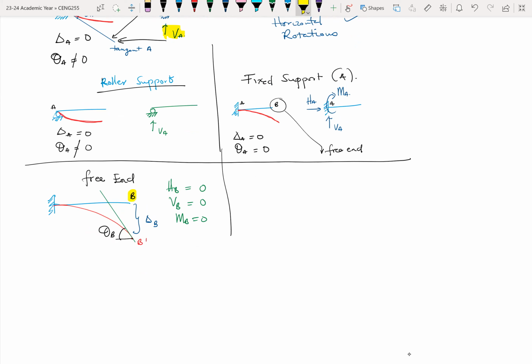If this is the initial position of B, and this is the new position of B, that means our point B has deflected downwards. We should just take note of that for now.